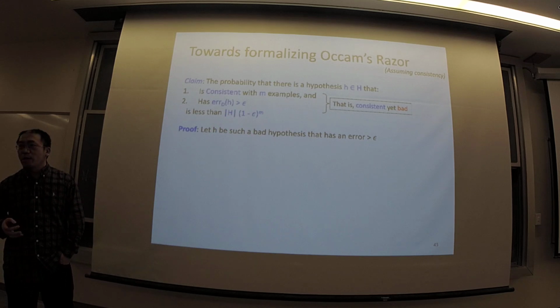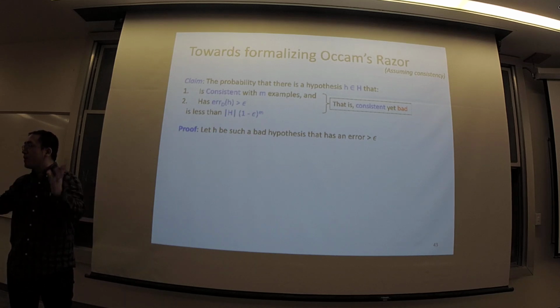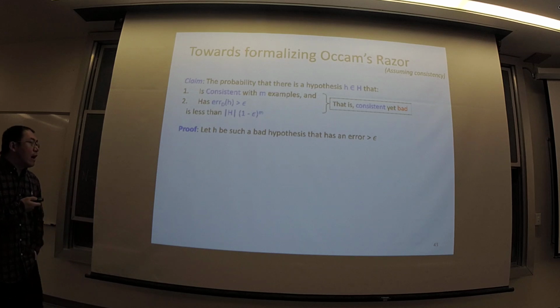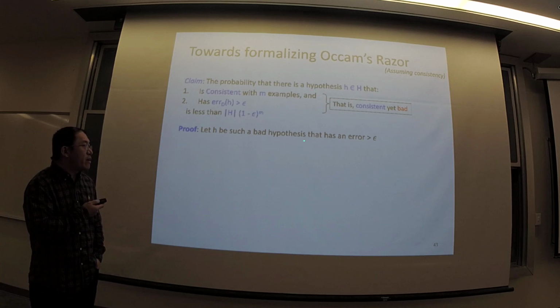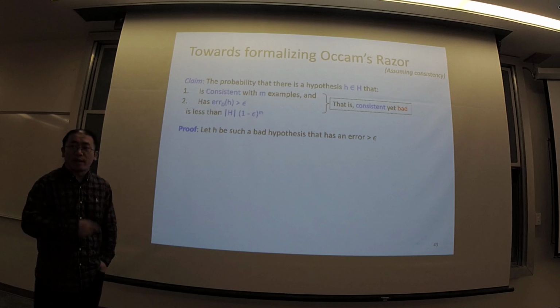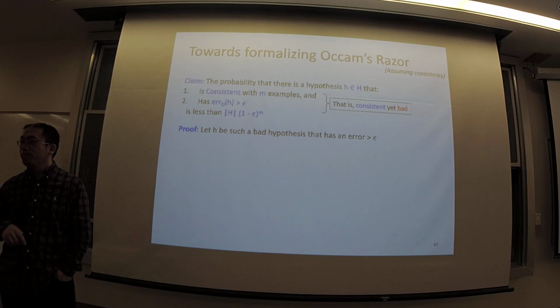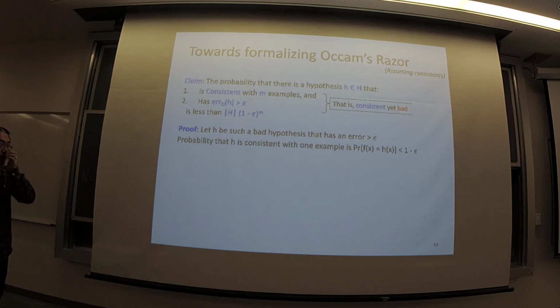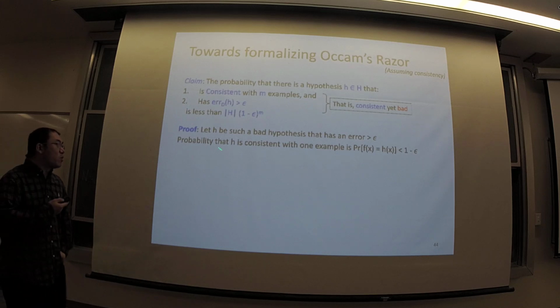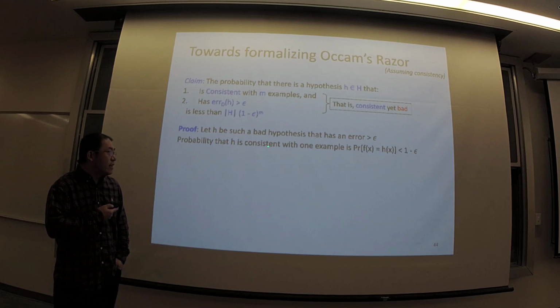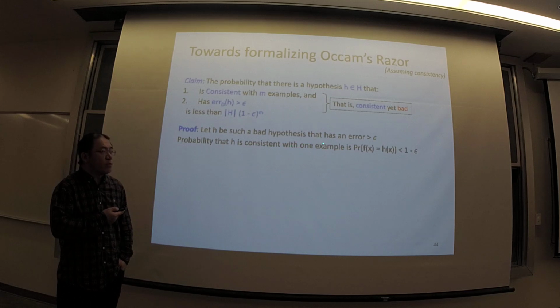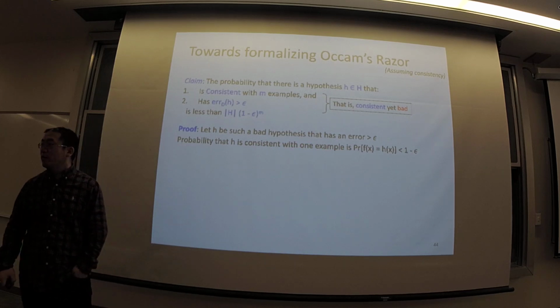It might be like the third hypothesis in the whole space. So I have such a bad hypothesis that has a true error bigger than epsilon. Then the probability that h is consistent with one training example is upper bounded by 1 minus epsilon.